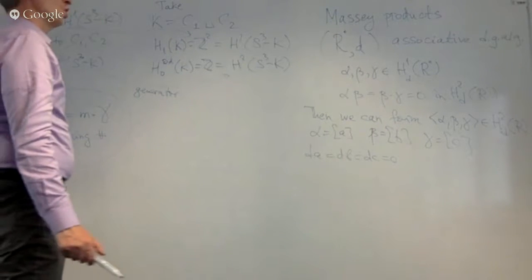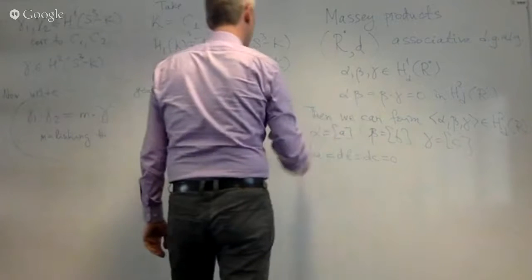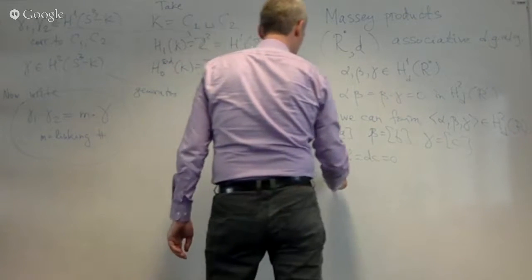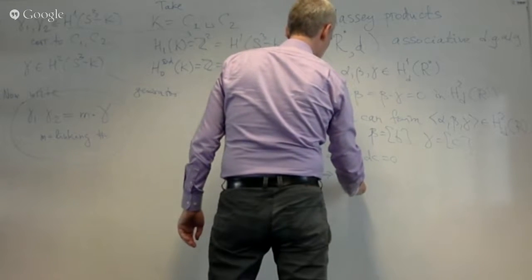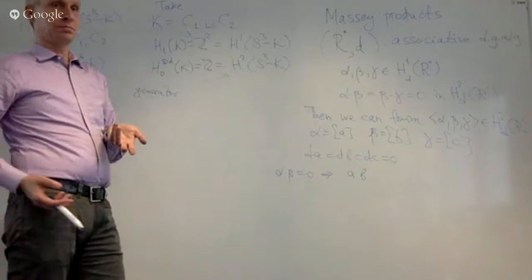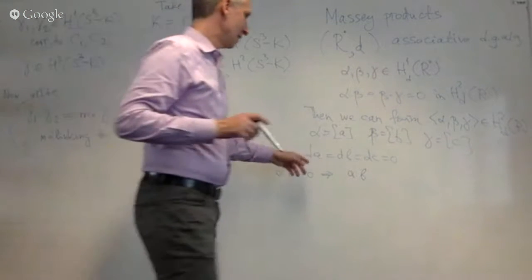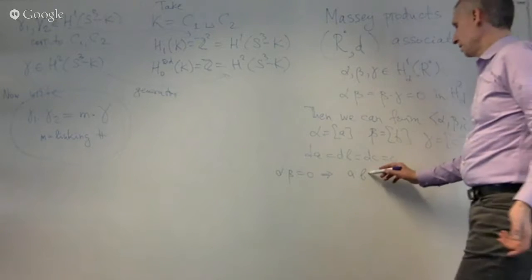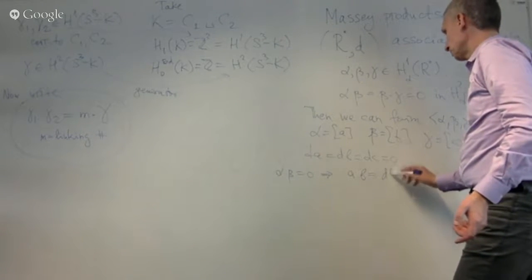So what does it mean that alpha beta equals 0? It means now AB is a cocycle which happens to be a coboundary. So A and B may not be coboundaries, but the product may be a coboundary: AB is dX.